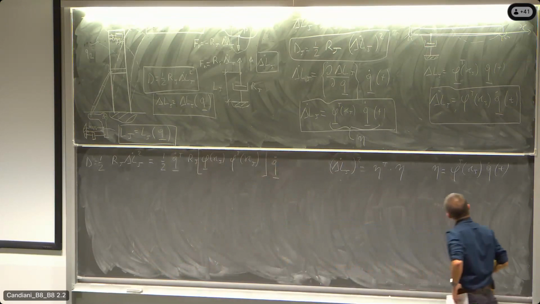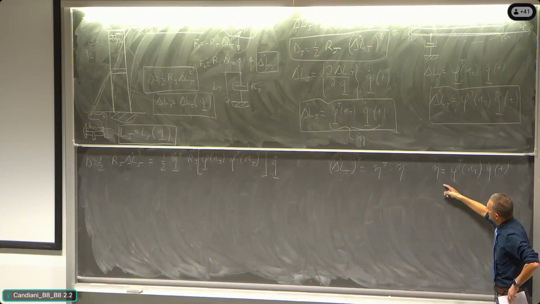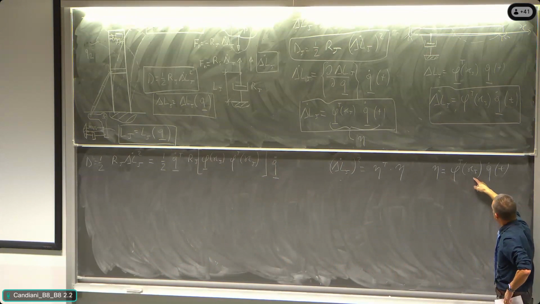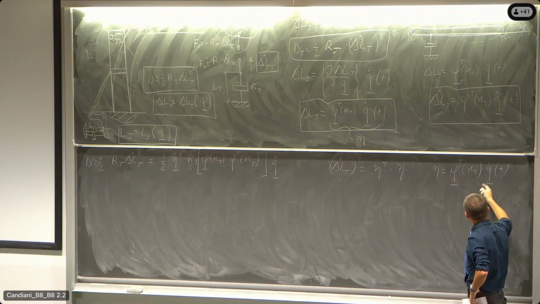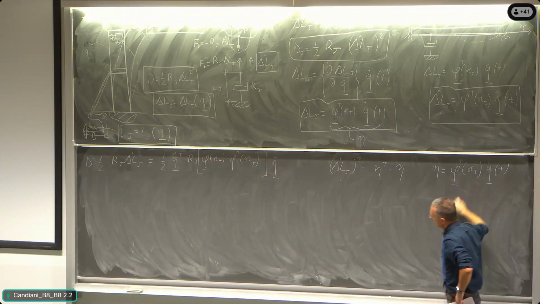All right, so the quantity eta is phi transposed Q dot. And this is a vector, this is a vector. All right, eta transposed is Q dot transposed phi.